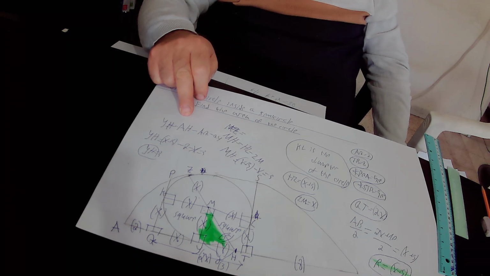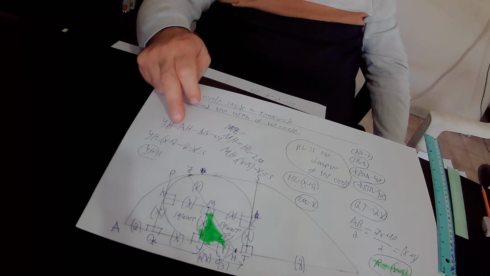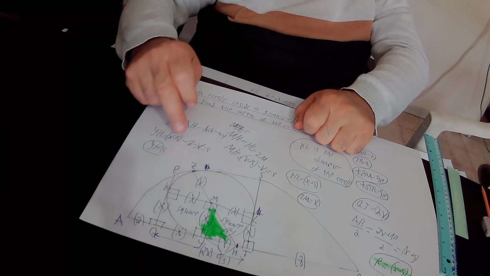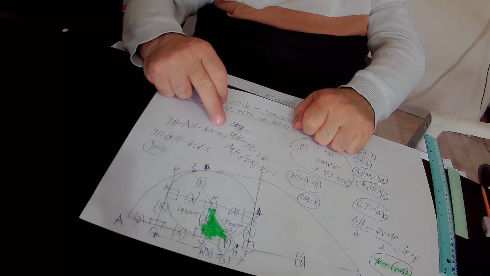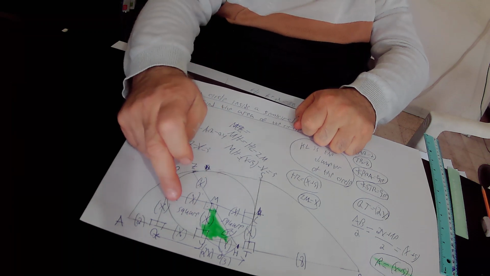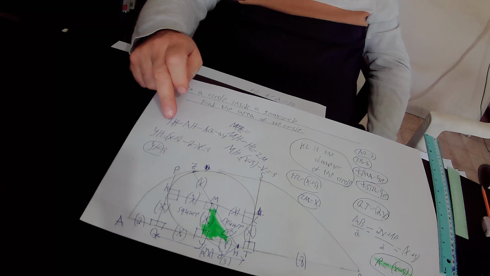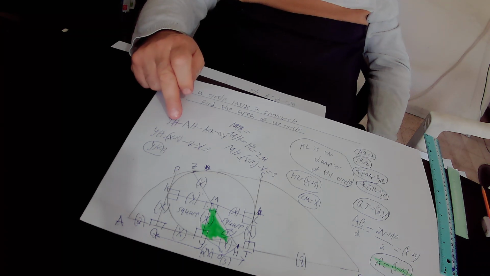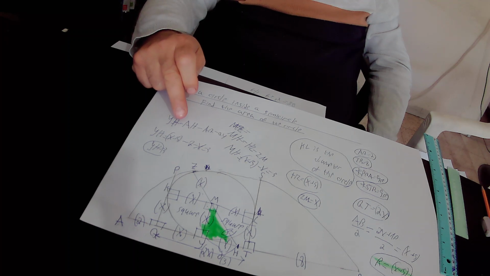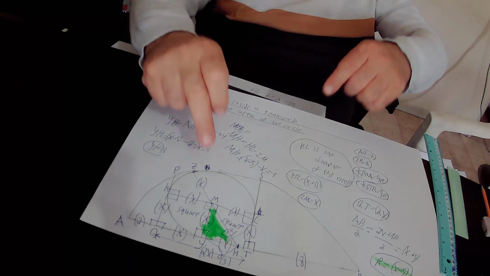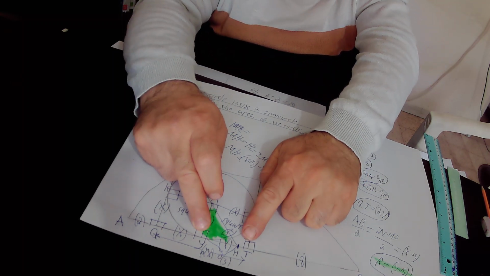AH is the radius of the semicircle, that is x plus 5, minus AQ. AQ is 2, minus QY. QY equals x. So in total, the missing side YH equals x plus 5 minus 2 minus x. X minus x is 0, and 5 minus 2 is 3. So we found out that the missing side YH equals 3 units in length.